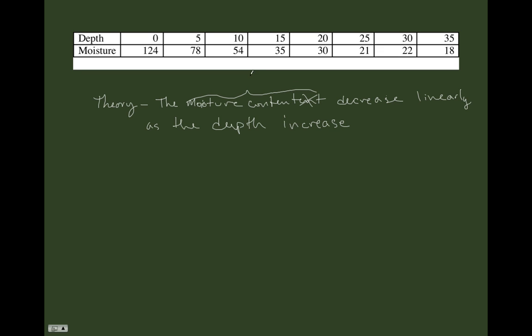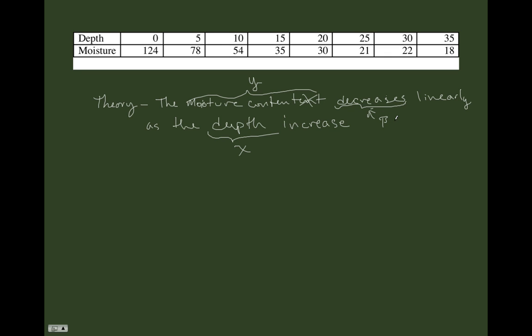I'm going to make moisture content my y variable because I'm assuming that the moisture content depends on the depth. So I'm going to make depth my x variable. And the decrease is going to be part of the theory that affects beta.